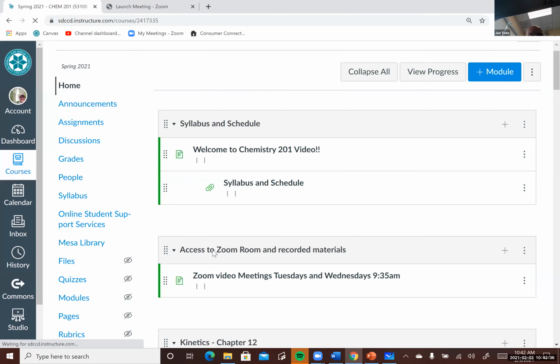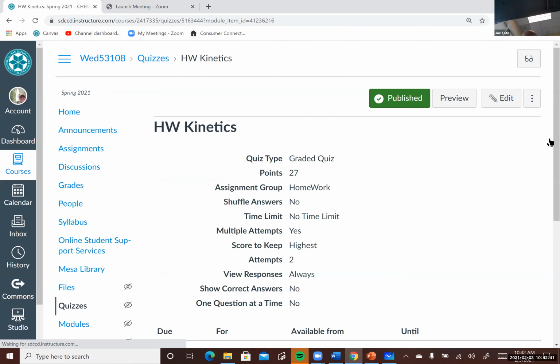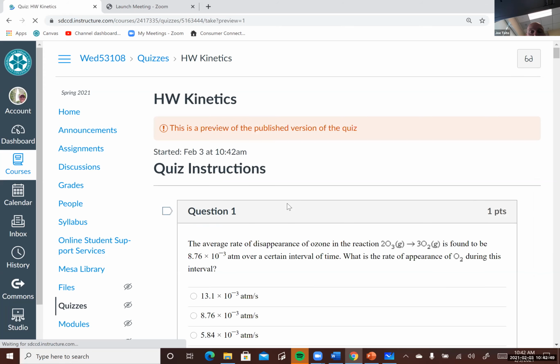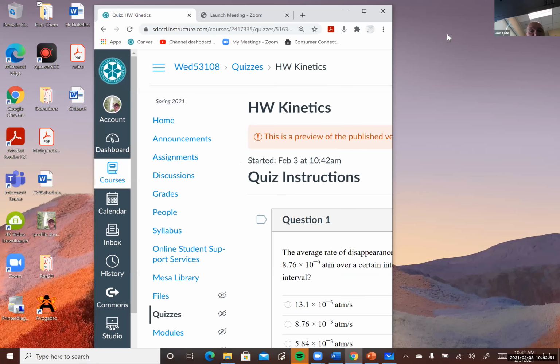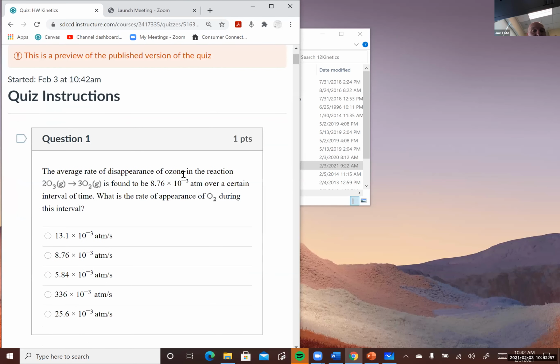So the first homework is kinetics right here. There's 27 problems. And we took a look at the first 2 last time, and we saw how to use the average rate equation with the deltas to relate the rates of change of any reactants and products to the overall rate of the reaction.